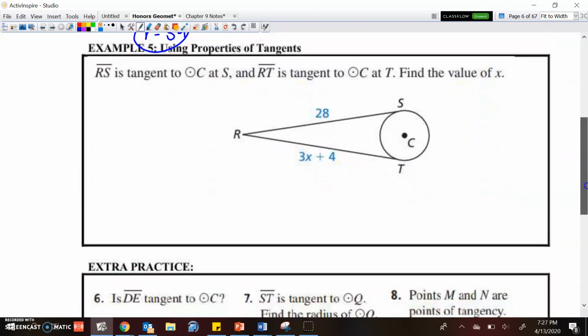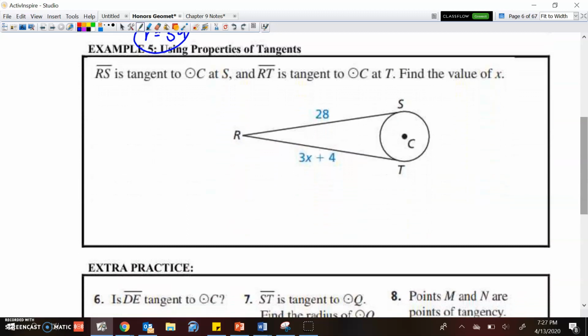All right, let's see if we can apply that second theorem, which says that as long as we have tangents from a common external point, so RS and RT, then these two segments are congruent. They tell us segment RS is tangent to circle C at S, segment RT is tangent to circle C at T, find the value of x. Let's write it all out.